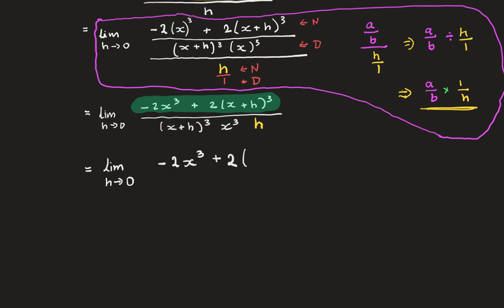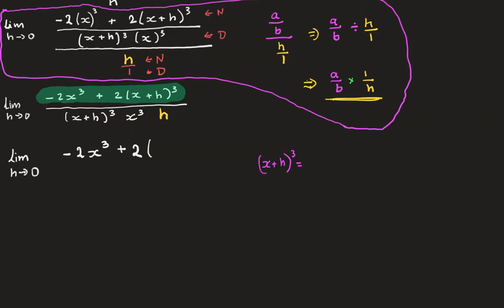At this point, I'm looking at my polynomial over here, which is a polynomial to the power of 3, and I need to expand it. And please remember the Pascal triangle when you're expanding the polynomial. This is going to be x cubed plus x squared h plus x h squared plus h cubed.